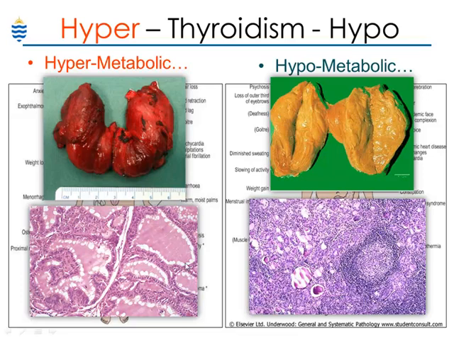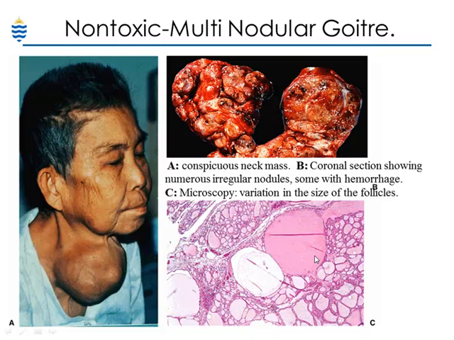Big follicles with vacuolation of the colloid. Hashimoto's, plenty of inflammatory cells, small atrophic follicles and lymphoid follicles. Both are autoimmune, the difference is in the target.